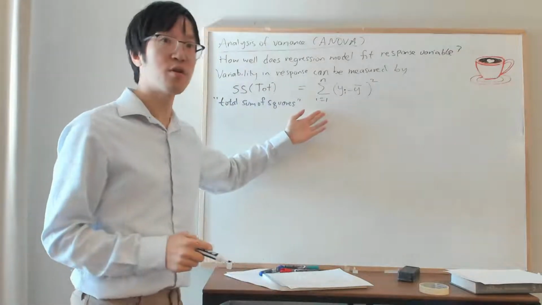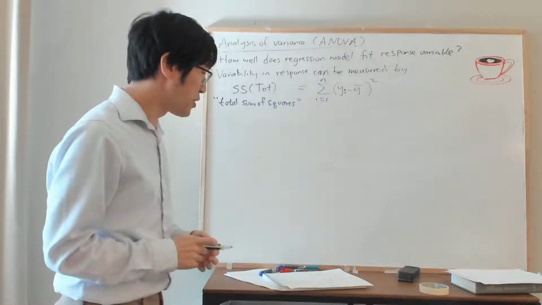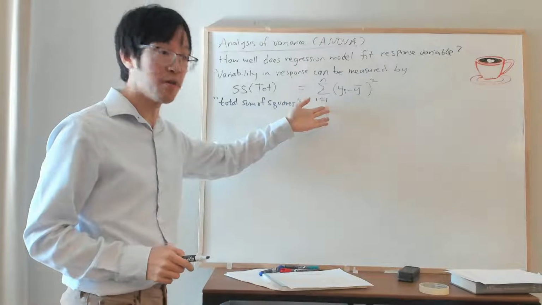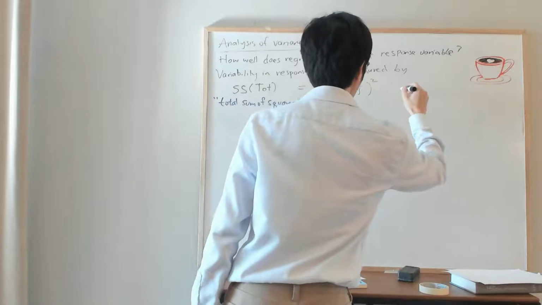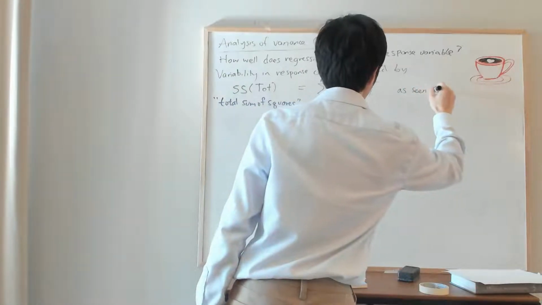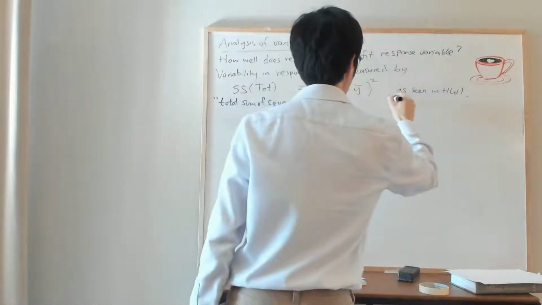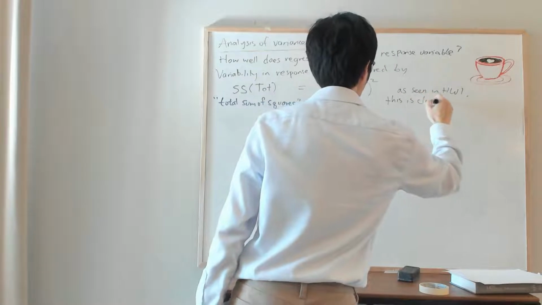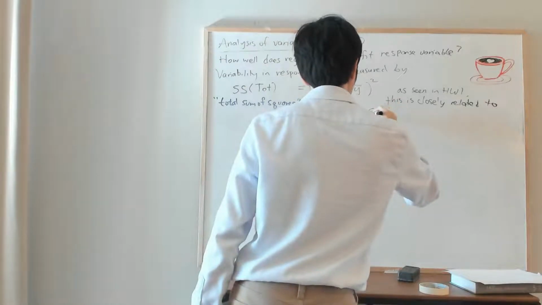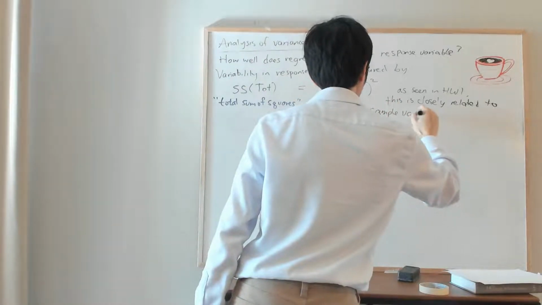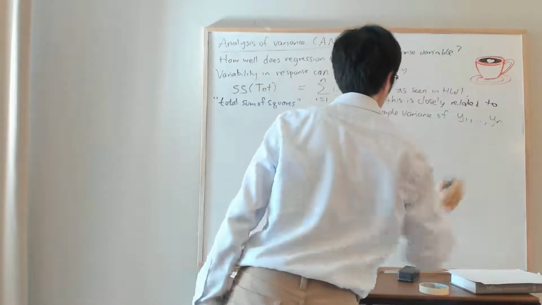And so, why is this a measure of variability in the response? Well, as I asked you to connect in your first assignment, this sum of squares quantity is closely related to the sample variance of the responses y1 up to yn.